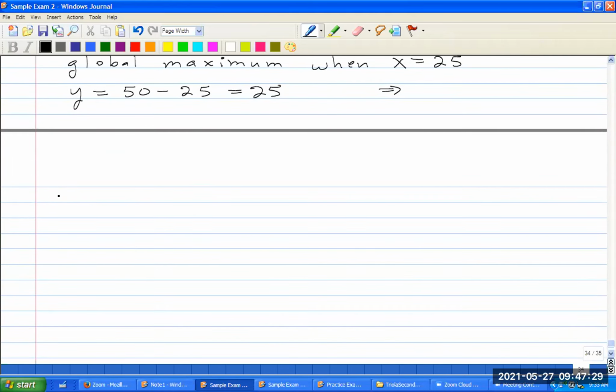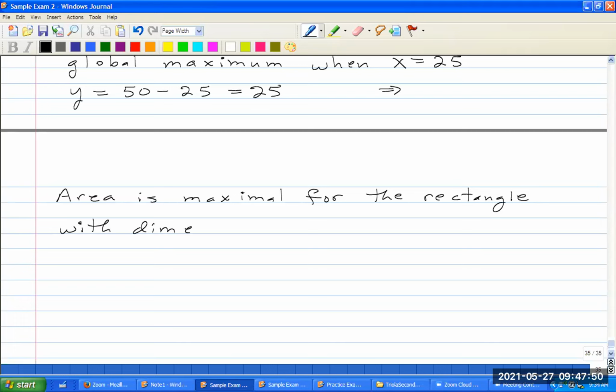So the area is maximal for the square, the rectangle, with dimensions 25, I believe, meters by 25 meters. Okay.